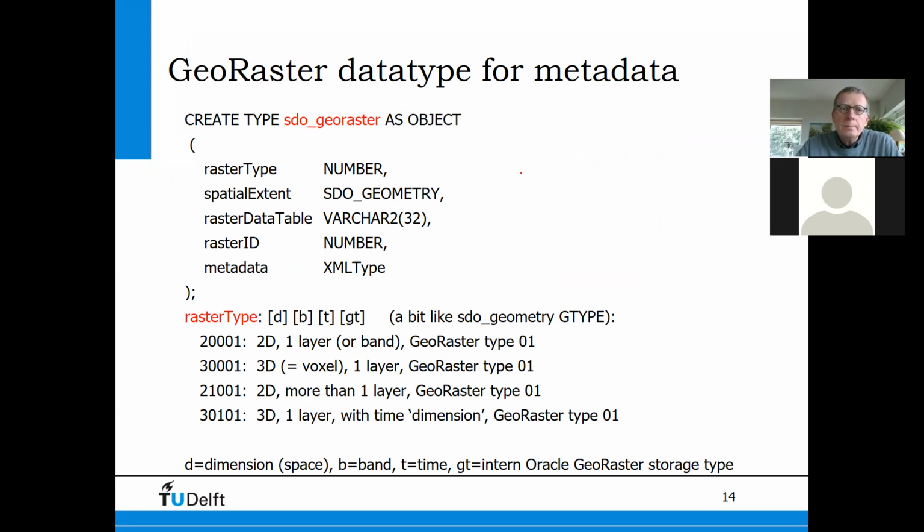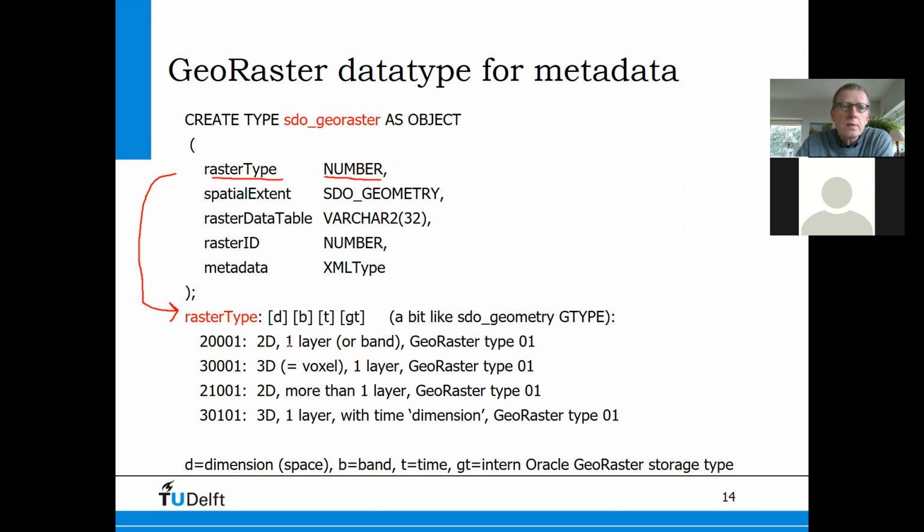Okay, the metadata. Oracle supports different types of rasters. That's the raster type, which is the first element of the metadata, and there's a kind of code list for the values. Is it a 2D raster or is it a 3D raster? That would mean voxels. How many layers does it have?